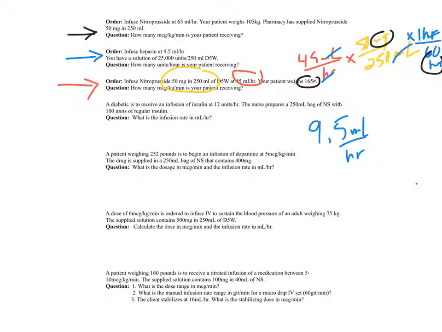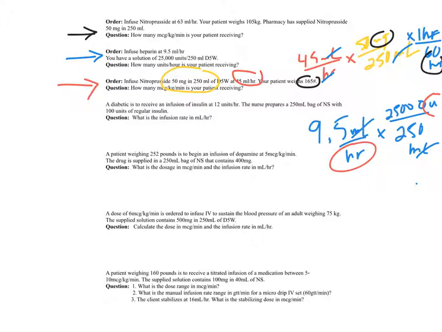So multiply that by the fact that it comes as 25,000 units, and I'll write a little U right there, per 250 milliliters. When your unit milliliters cancels out, that shows you're left with units per hour. So you do 9.5 times 25,000, take that answer and divide by the bottom, 250, and that will give you your units per hour.